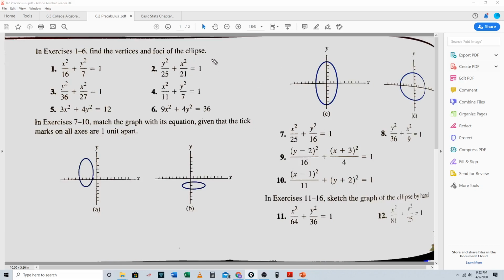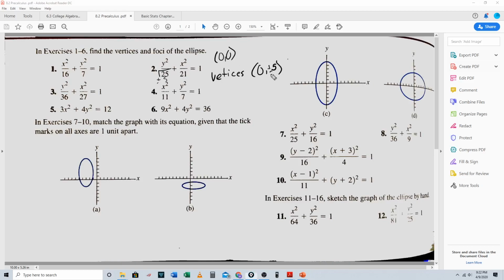The center is (0, 0). Because y is first and has the larger denominator, that means the vertices are going to change in y, and the foci points are going to be changed in y. So x is going to be the same, 0, and y is plus or minus something. In fact, it's going to be plus or minus the square root of the denominator, basically a. So square rooting this, we get plus or minus 5.